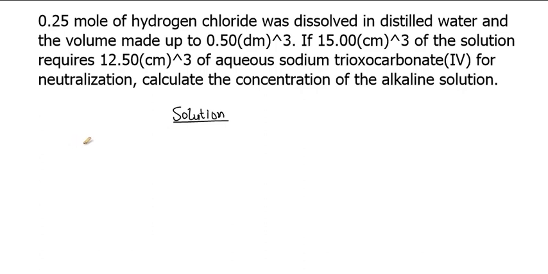According to the question, this is a neutralization reaction, and in a neutralization reaction where we have the acid and the base, the product formed is always salt and water, but here the base is sodium trioxocarbonate(IV). So when the base is a carbonate compound, the product will always include carbon dioxide.